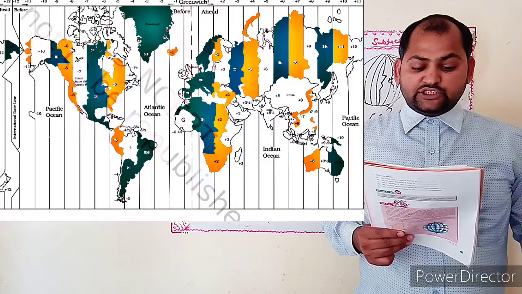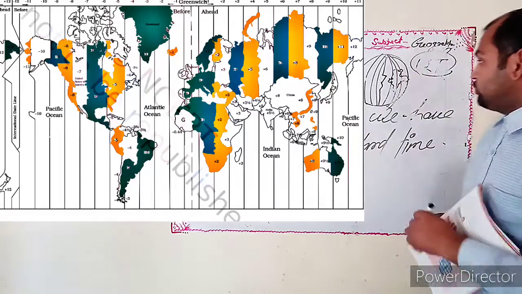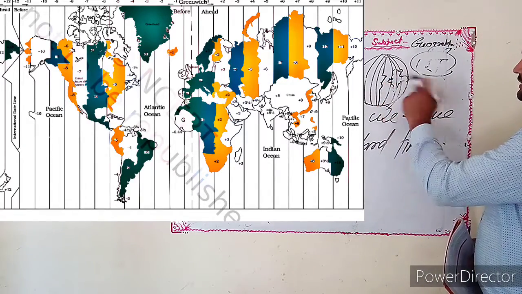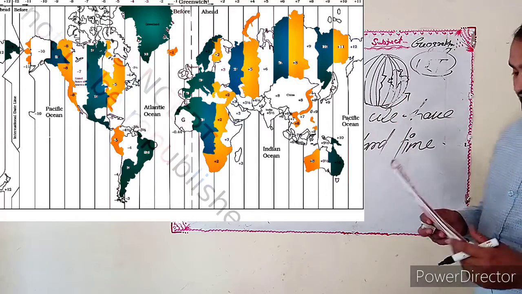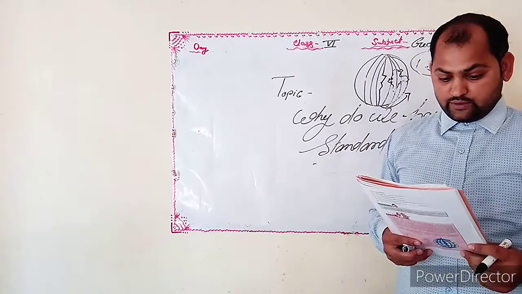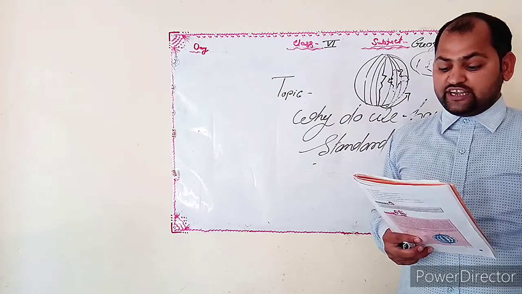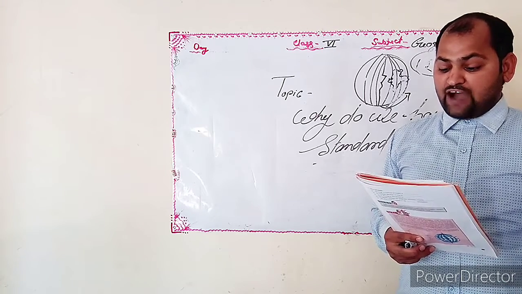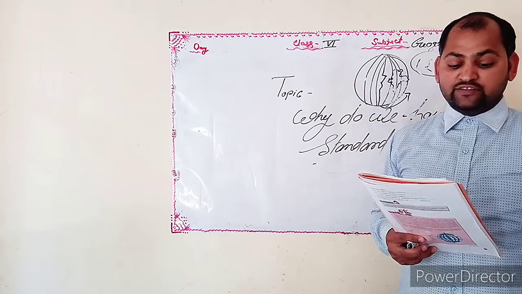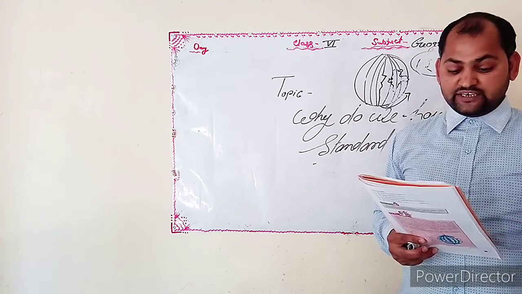India is located east of Greenwich time. India is located here. This is Greenwich time. It is located on the east side. At 82 degrees 30 minutes east, it is 5 hours 30 minutes ahead of GMT, Greenwich Mean Time.